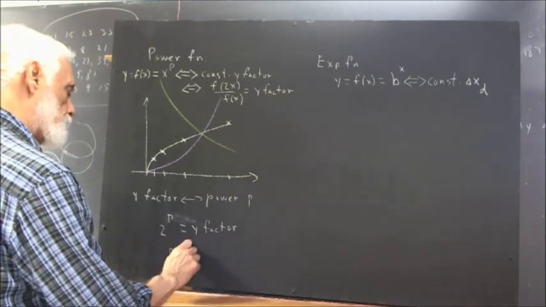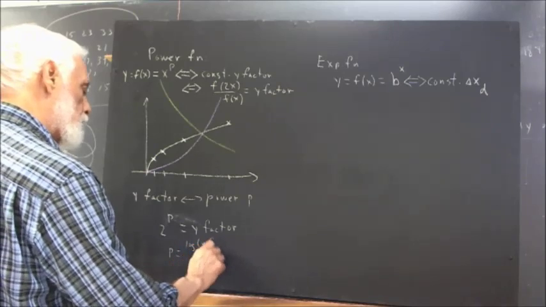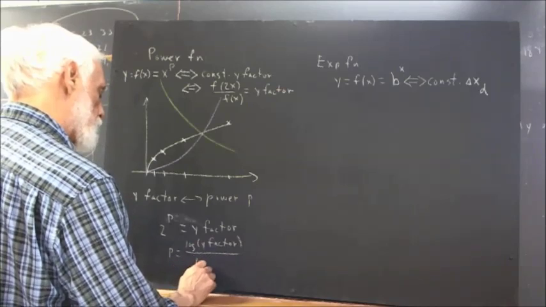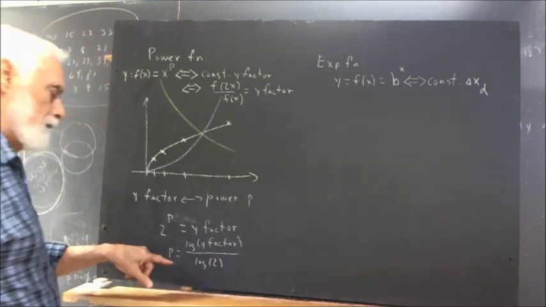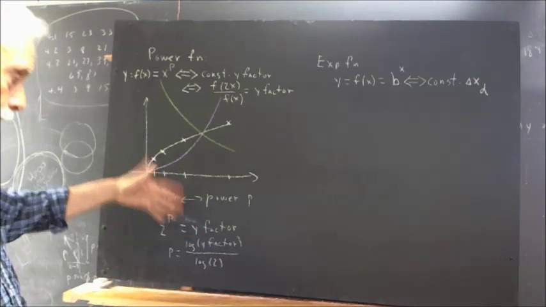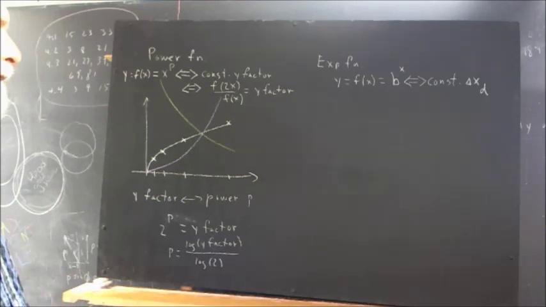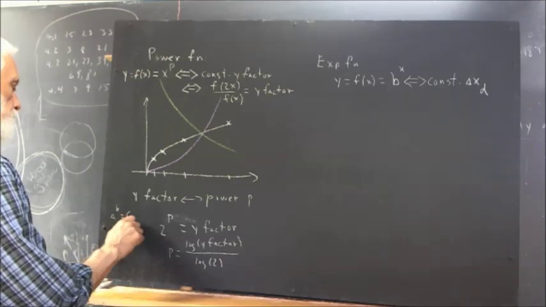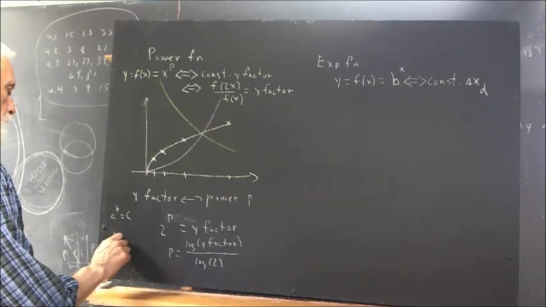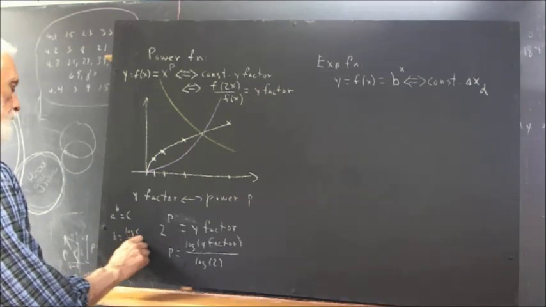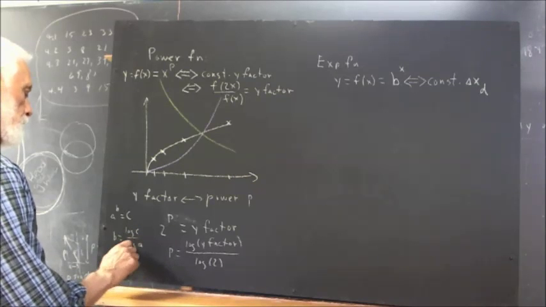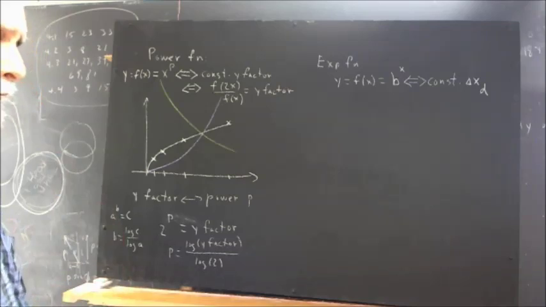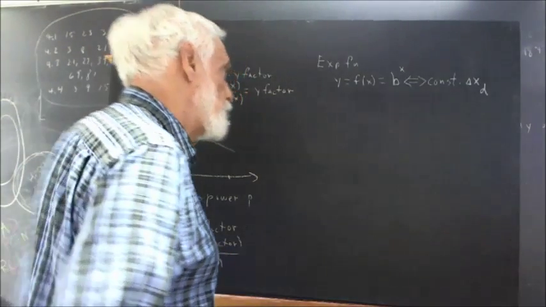So that p equals the log of the y factor over the log of 2. Now this is solved using a relationship that I've given you. You can just use it. Everybody should know that the relationship a to the b equals c is equivalent to saying that b equals log c over log a. Some people might know the laws of logarithms to where they understand this. Other people can just use it.